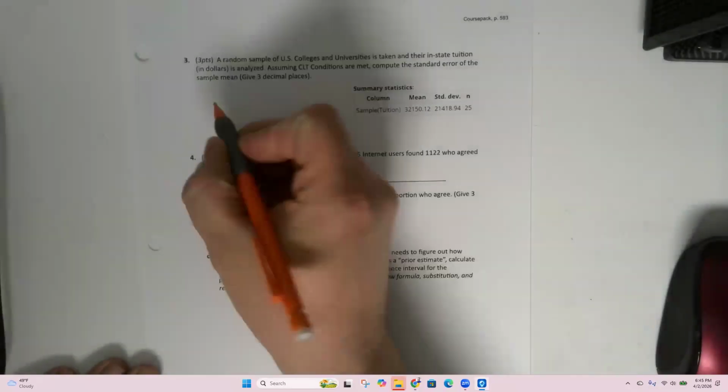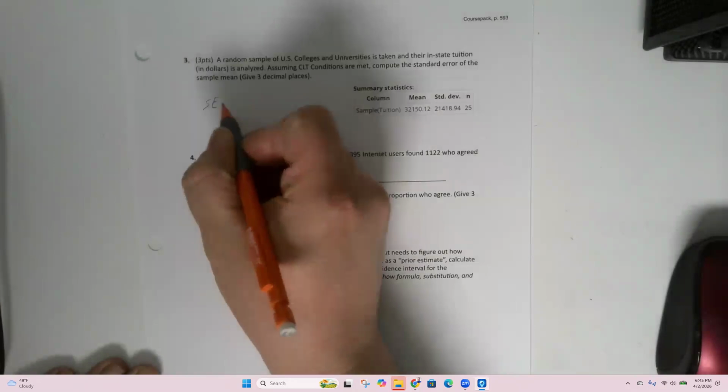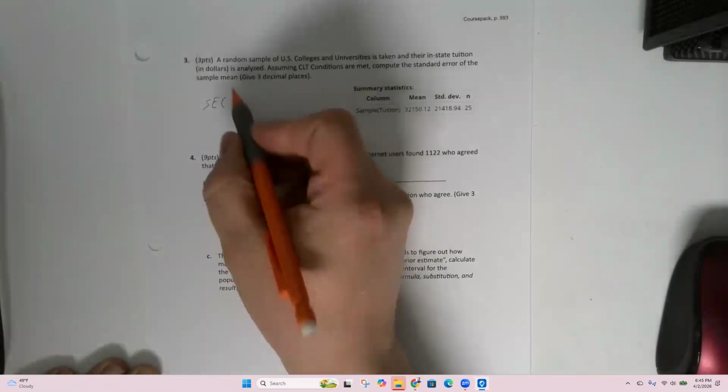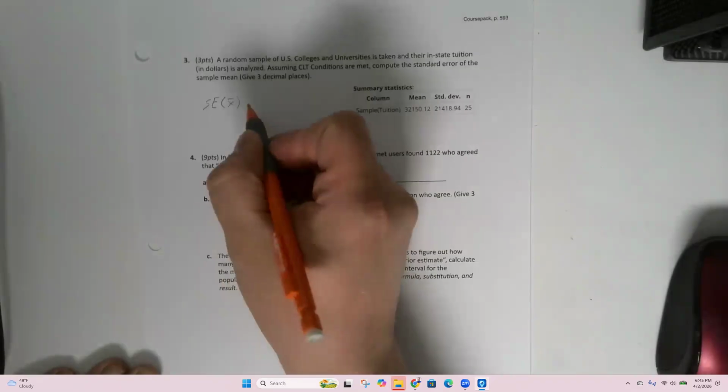So standard error, and the symbol we use for sample mean is X bar. So this is the SE X bar formula.